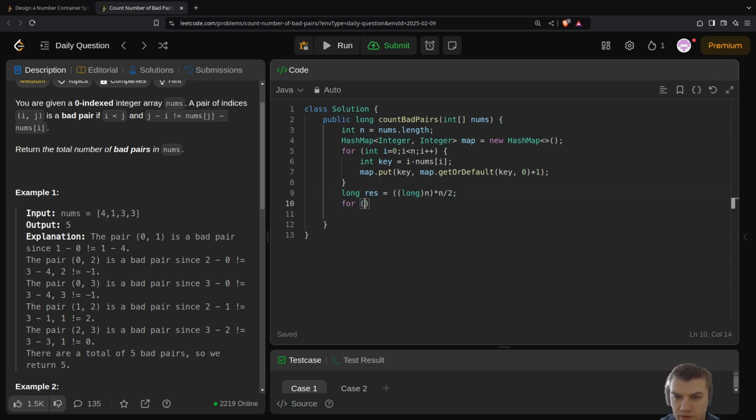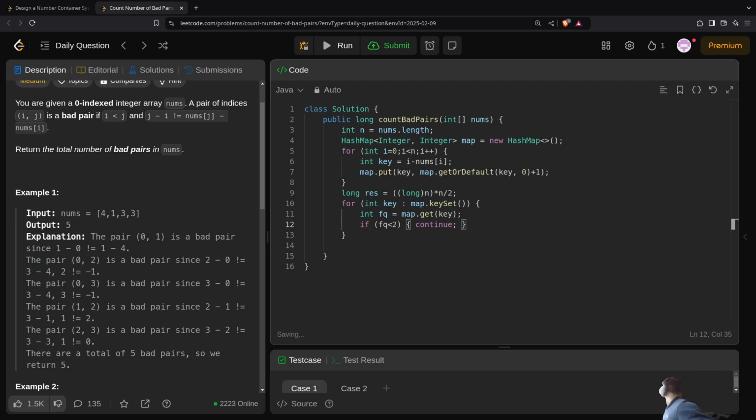Then I need to go through all the keys, for key in map.keySet(), and then I'll have int fq equals map.get(key). If fq is less than 2, then continue.